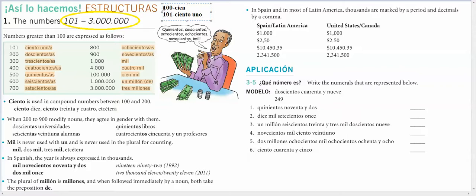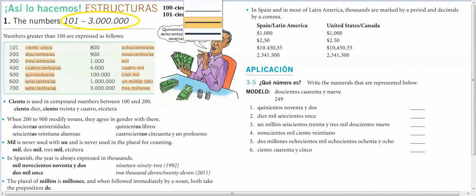So when you're doing the hundreds, 200 to 900, you're going to use the number cientos. So you can see what you've got for the 200, it's dos cientos. So you've got dos, which is 2, and then that is added to cientos.